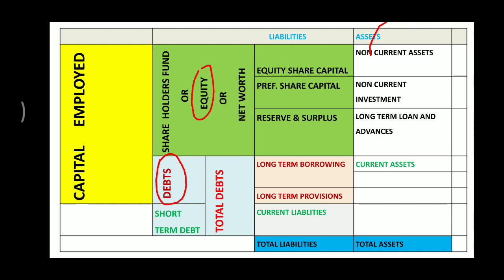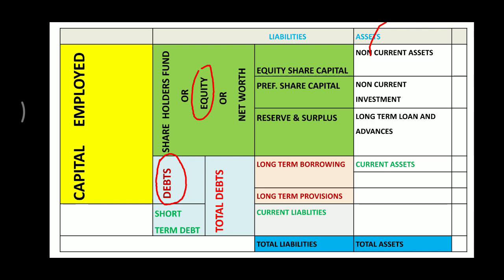And these debts actually represent the long term debts, the debts which will be repayable after a period of 12 months. So although the term is only debts, keep in mind debts represent only the long term debts, not the short term debts, in the formula.